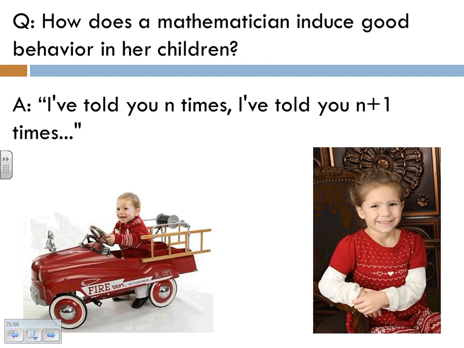You know how they always say that? This is like in sequences and series, where you have n and then n plus 1. If I told you n times, I told you n plus 1 times. I didn't know how to picture my kids. Okay, anyway. Summation of 1 over n times.